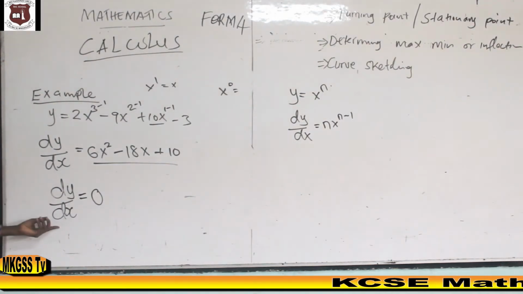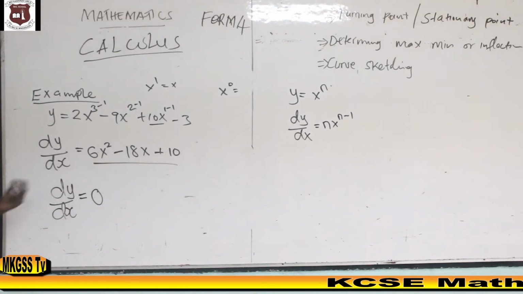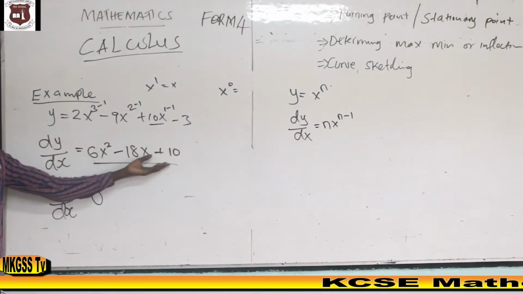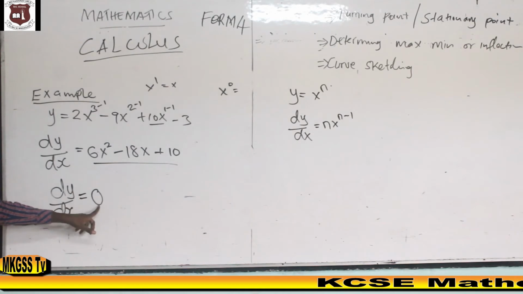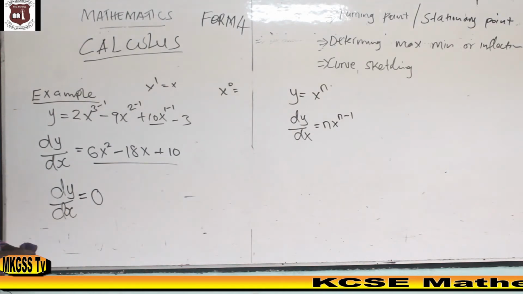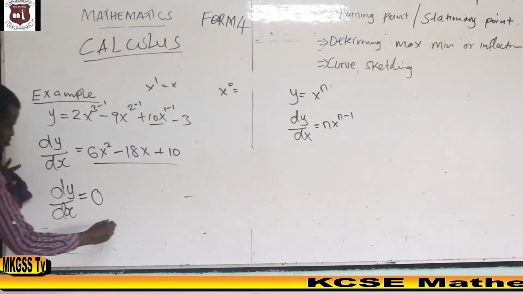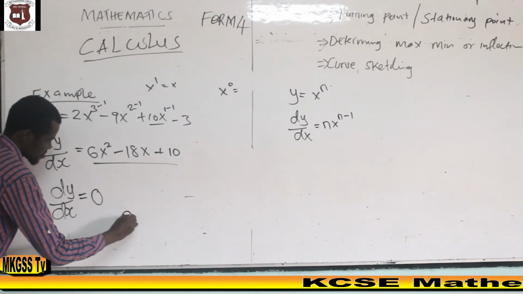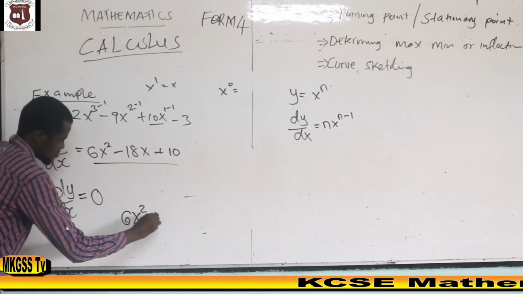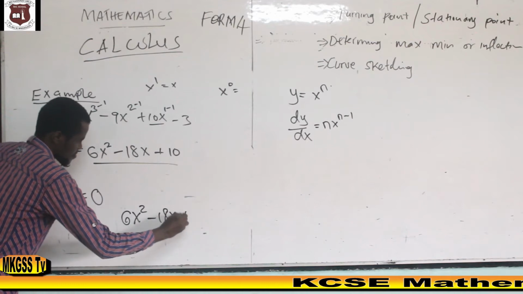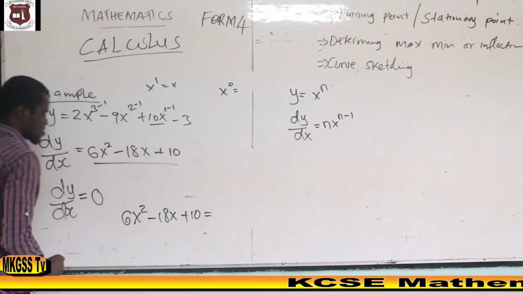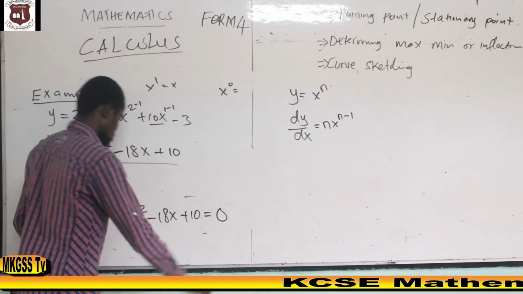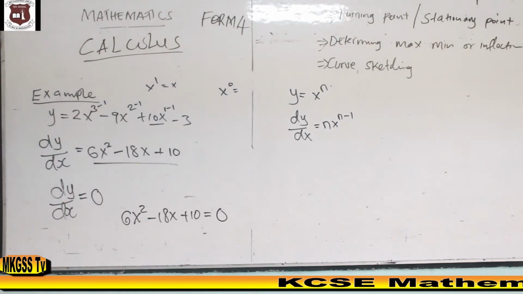Therefore, dy/dx is 0. So my expression of differentiation will now be equated to 0. Therefore, I will have 6x squared minus 18x plus 10 equals 0.